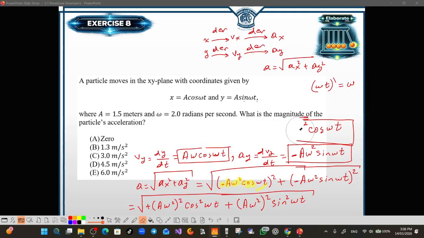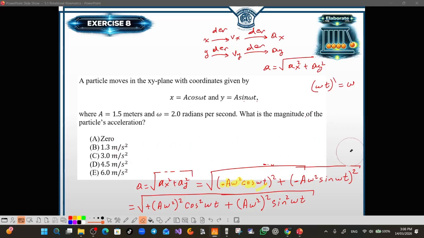Now I will make some space here. Now we can take a omega squared to the power 2 as a common factor. So the acceleration is equal to the square root of a omega squared, to the power 2, as a common factor. And inside we will be left with cosine squared omega t plus sine squared omega t. Now we know that cosine squared omega t and sine squared omega t add up to 1.